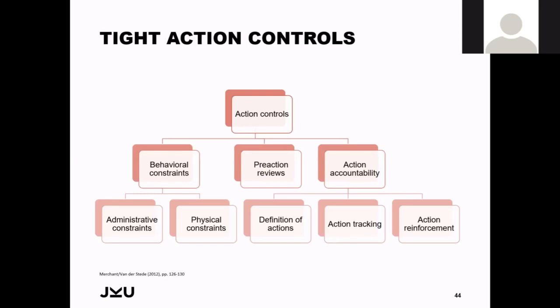And then the other branch goes to action accountability, in the sense of making employees responsible for their actions. This is also very tight and is the tightest form of action controls. It has the same three-step idea. As managers, you first define and communicate the actions that are allowed or not allowed, ideally both. Then you track the action, which means you measure their actions, you supervise, you observe. Is the employee following the guidelines?